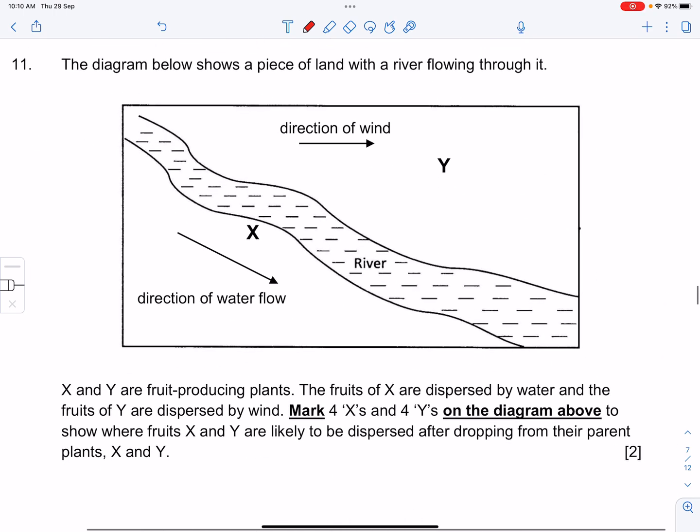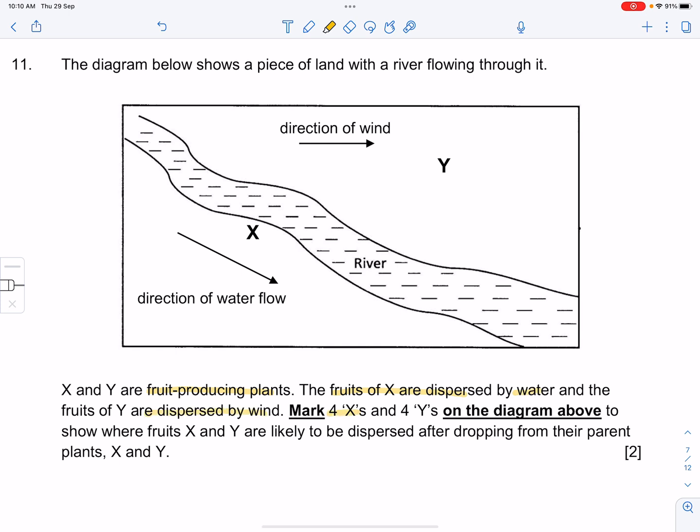Now, the diagram below shows a piece of land with a river flowing through it. X and Y are fruit-producing plants. The fruit of X are dispersed by water, and the fruits of Y are dispersed by wind.